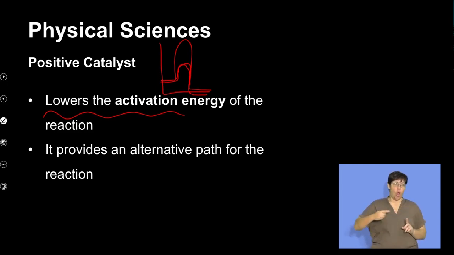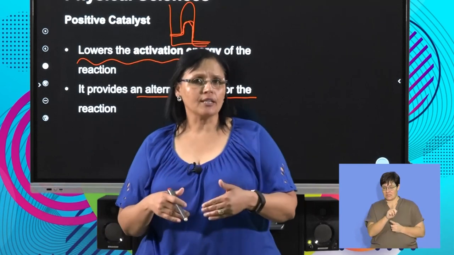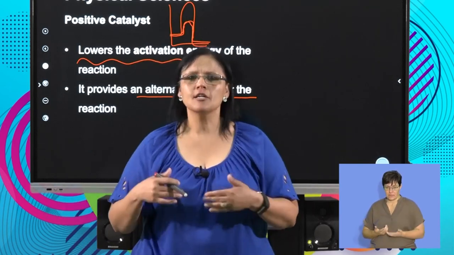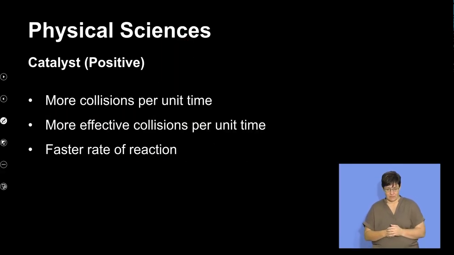So a positive catalyst lowers the activation energy of the reaction, and it provides an alternative route or an alternative path, meaning that product will be formed faster. Remember, not more product, just faster. So there will be more collisions per unit time. There will be more effective collisions per unit time, and that will lead to a faster rate of reaction.